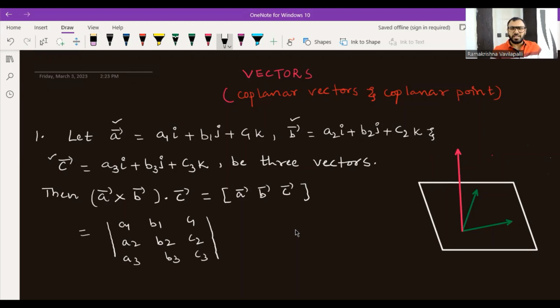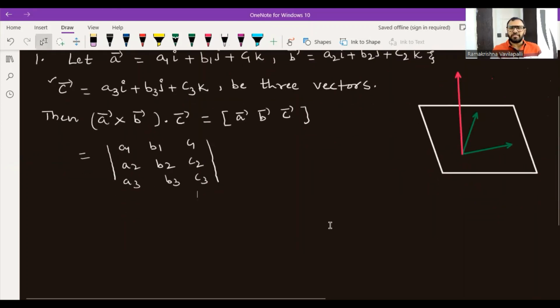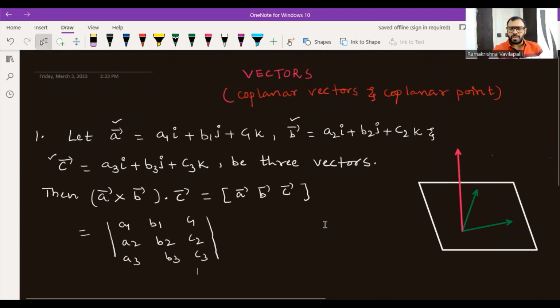Right. So now, what is the condition for 3 vectors to be coplanar?